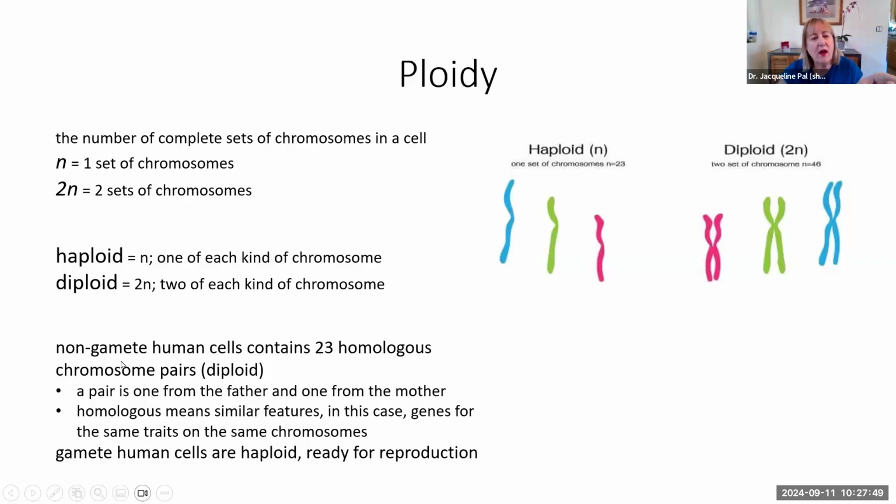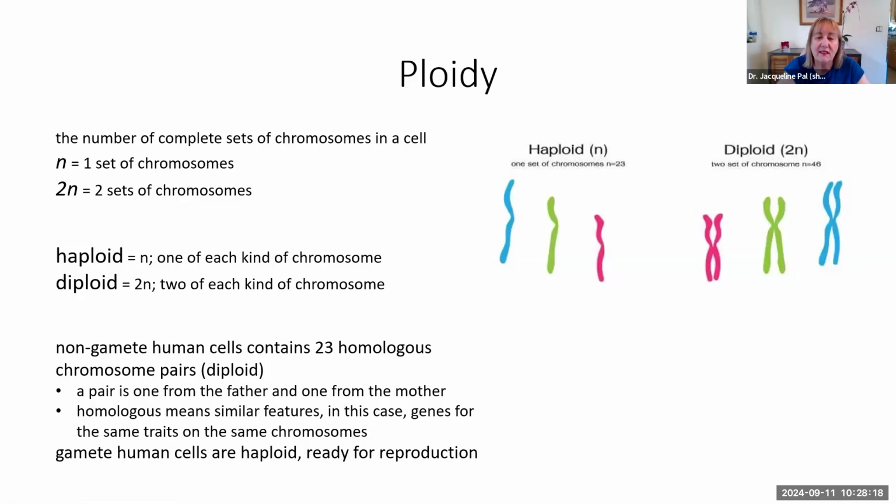So that word homologous, which I threw in here for the first time, means similar features. So what does that mean? Well, what it means is whatever gene is on this chromosome over here is on the other chromosome over there. So in other words, the mom is giving the gene at a certain place on this chromosome, and the dad is giving the gene at the same place on the homologous chromosome.